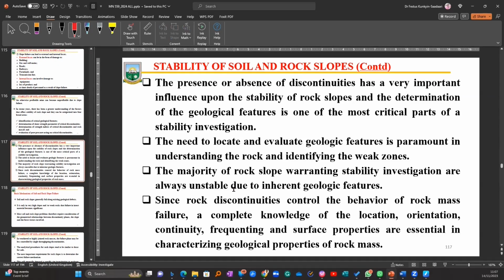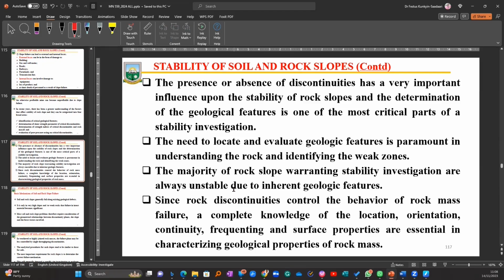Then the presence or the absence of discontinuities has a very important influence upon the stability of rock slopes. So if you have discontinuities, it will inform your decisions in terms of your designs of slopes. And in the same way, if you don't have them, it will also affect what decisions you are going to take.